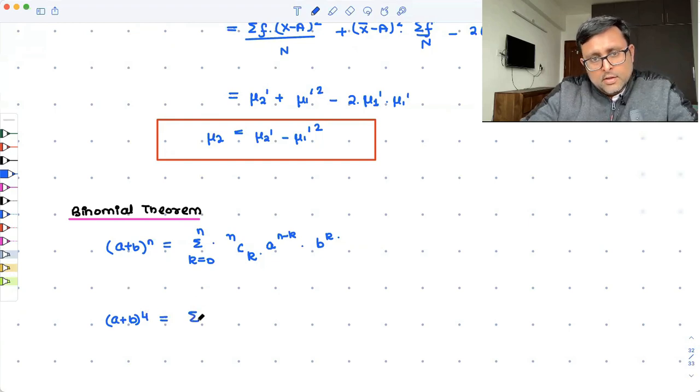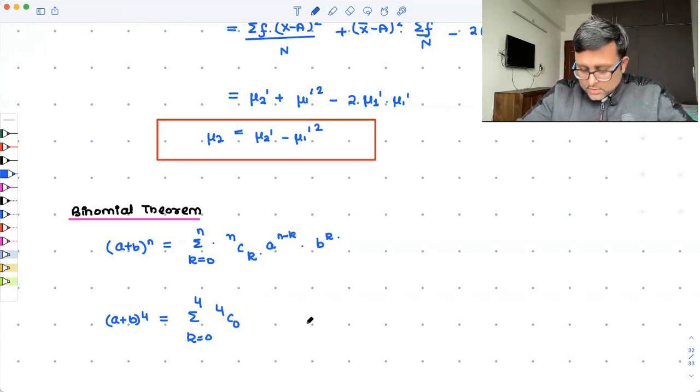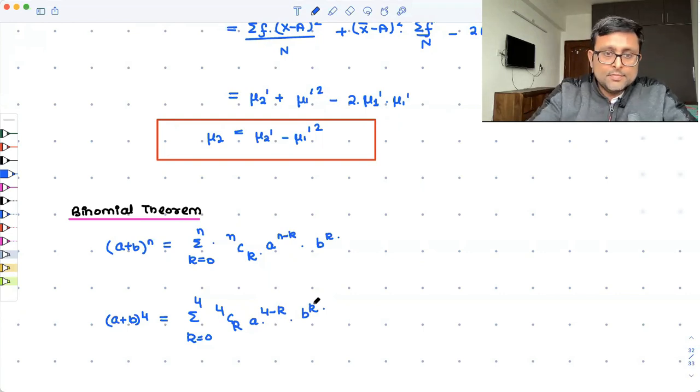So you have summation of k starting from 0 to 4, 4Ck a to the power 4 minus k, b to the power k. You will be writing it like this.